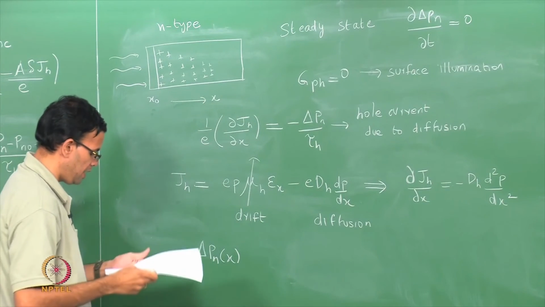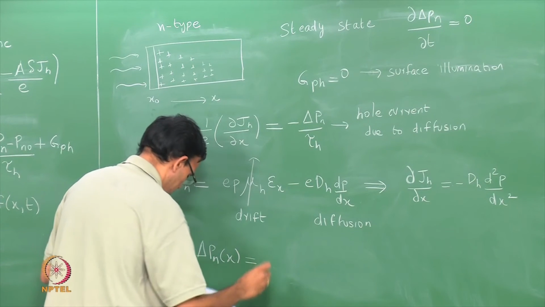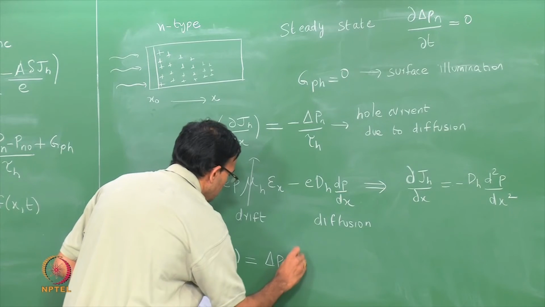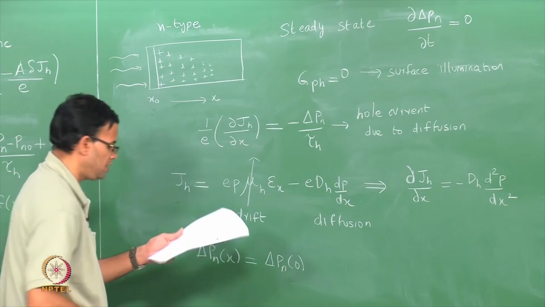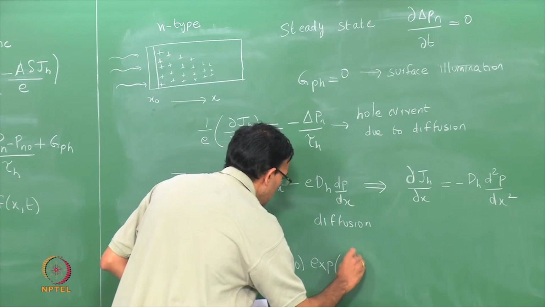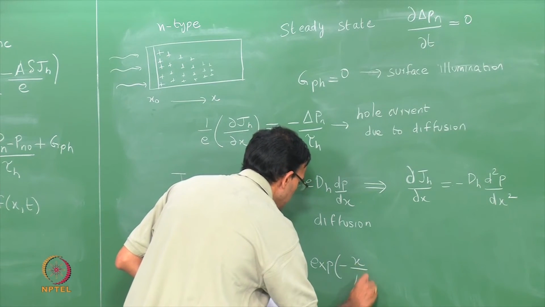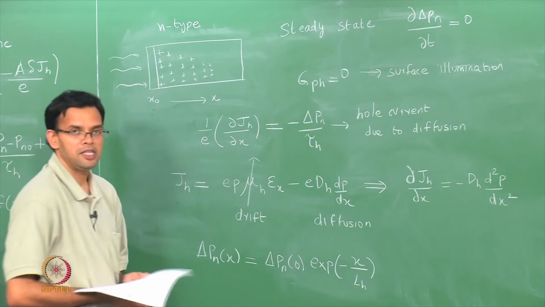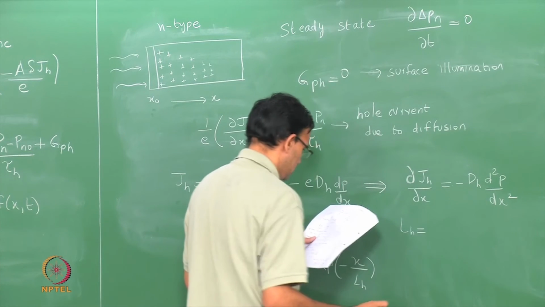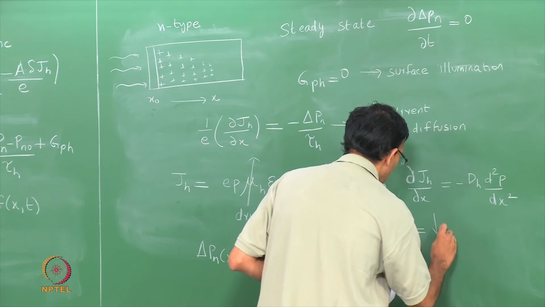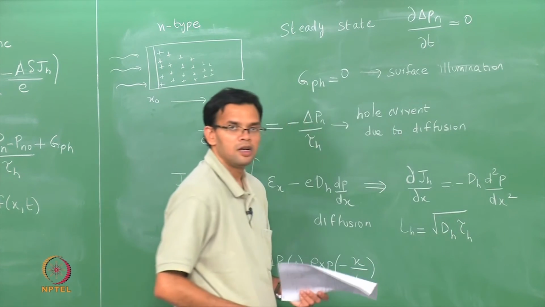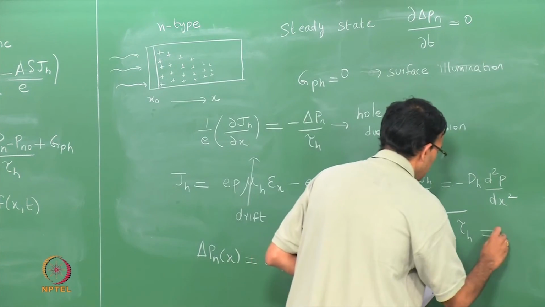So, that ΔPn is ΔPn naught, which is how many electron hole carriers are generated at the surface, times exponential minus x over Lh. So, Lh is called the diffusion length, which is just the square root of the diffusion coefficient times the recombination time.